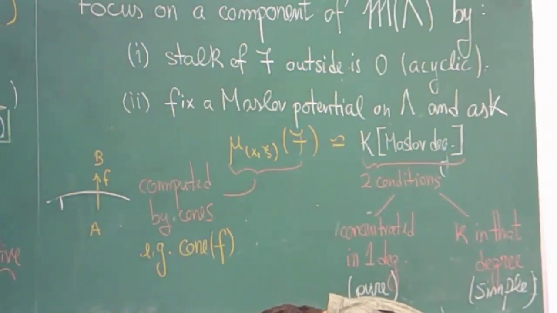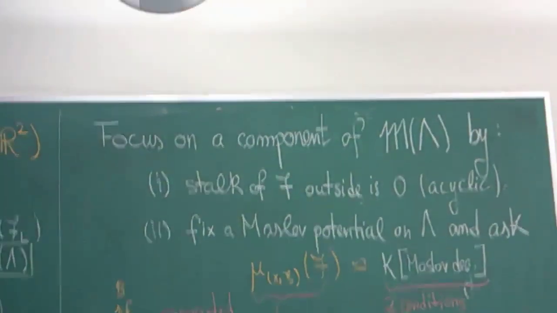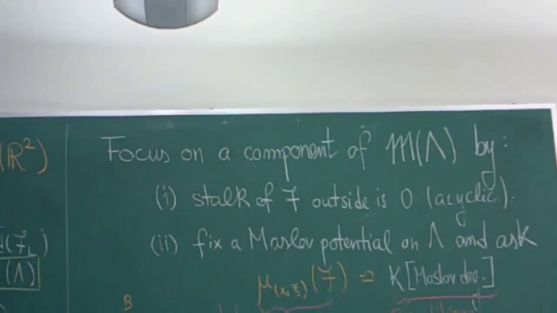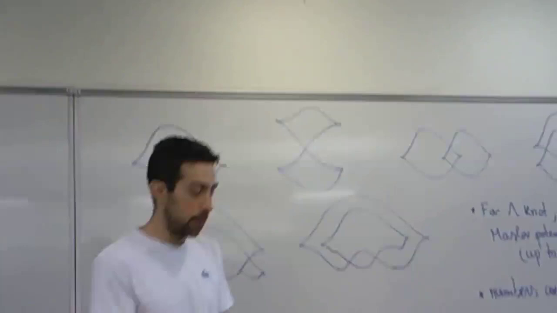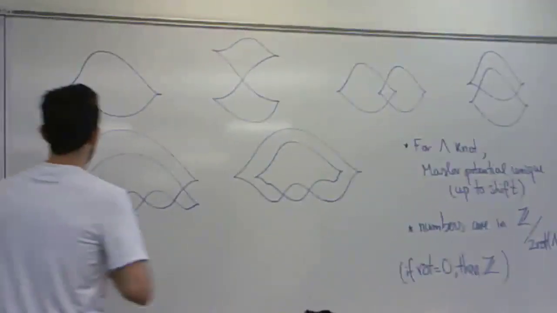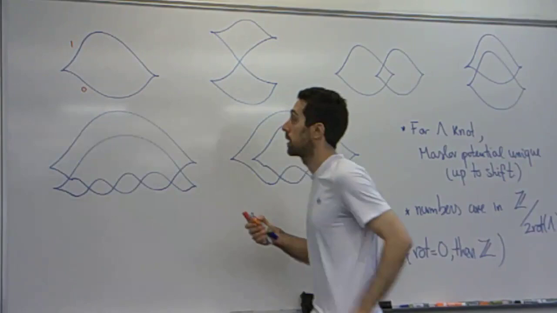But actually, since we're having complexes of vector spaces, you need to specify a degree. The way you specify a degree is you fix a Maslov potential on Lambda, and then you require not only that the microstalk is K in rank one, but also that it is concentrated in the degree given by the Maslov potential. So you should think of it as two conditions: it's K, and it's concentrated in that degree.